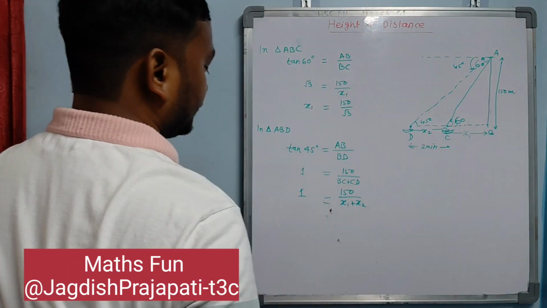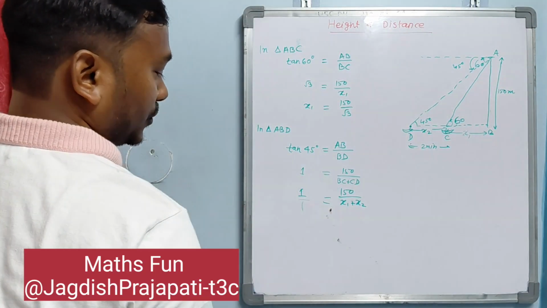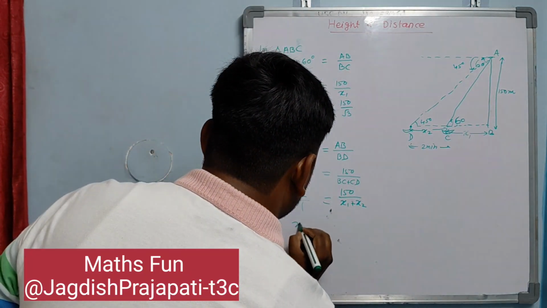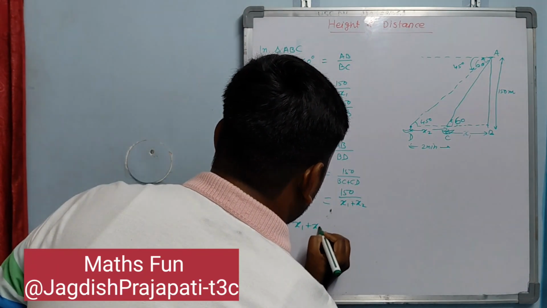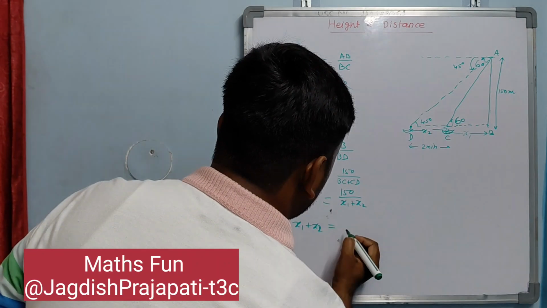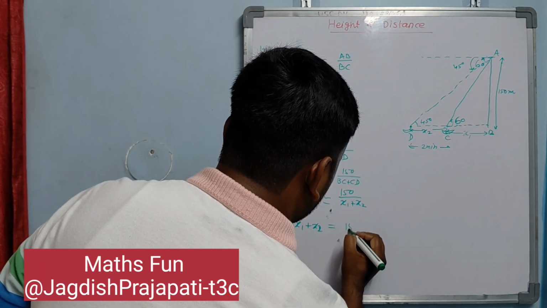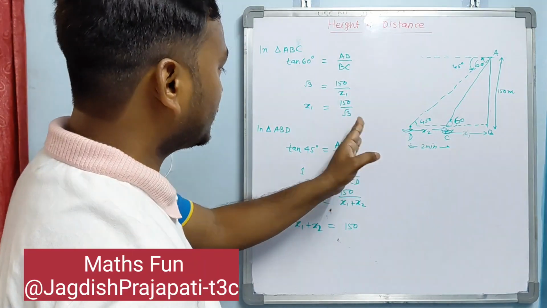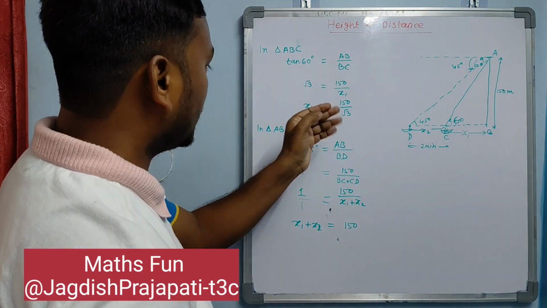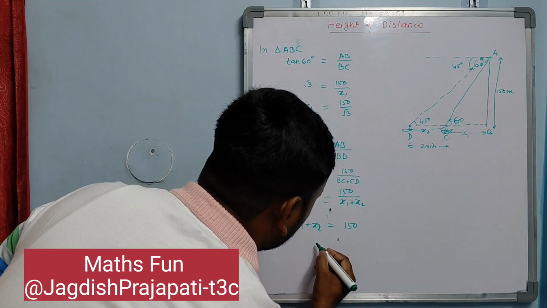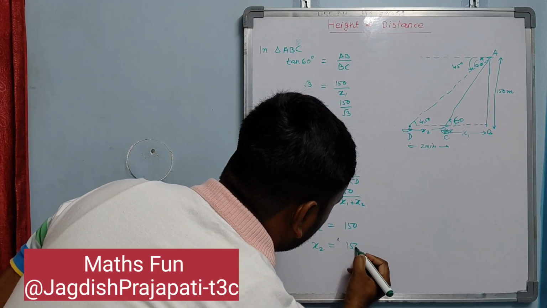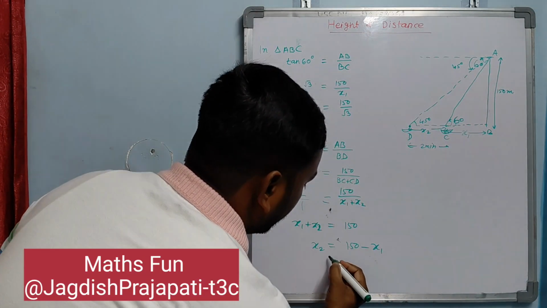So we can assume 1 in the denominator. Using cross multiplication, x1 plus x2 will be equal to 150 only. We have to find x2 because we have already found x1. So x2 equals 150 minus x1.